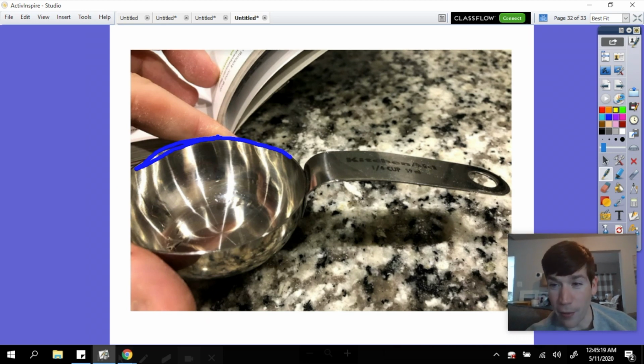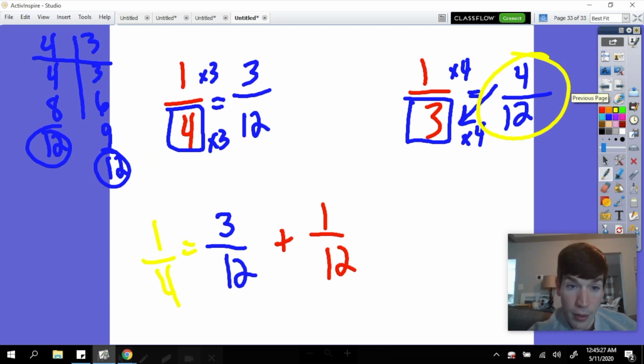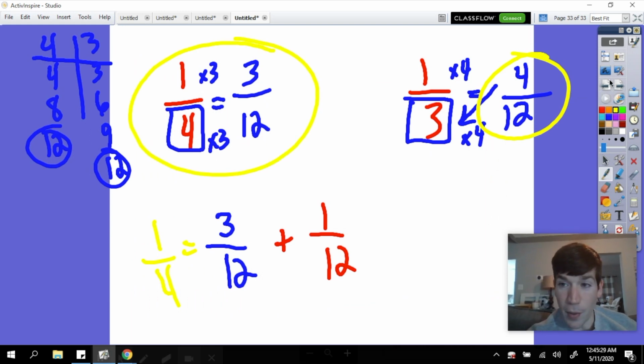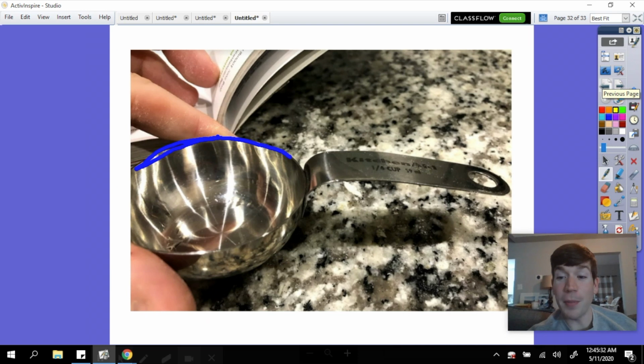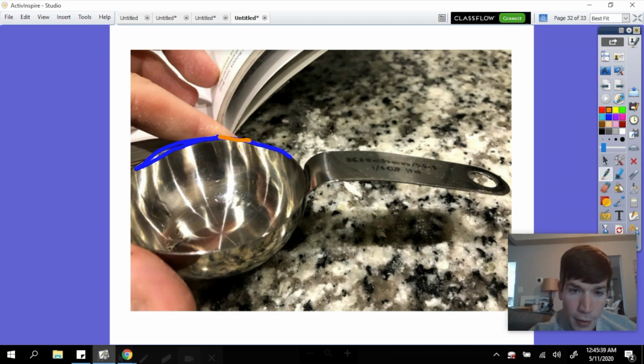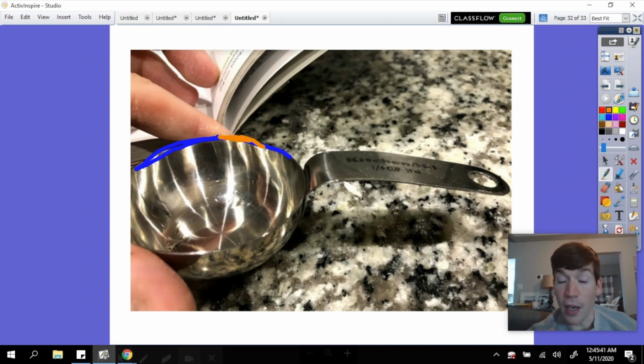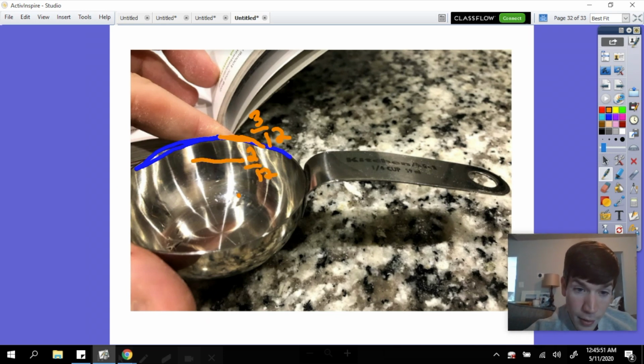Now here's the cool part. If we know that this whole thing, this whole fourth here, is 3/12, then we know that we can split it up into 12ths. So we could say if this, let me use a different color here, if this top portion represents a total of 3/12, then there must be some point here where we have 2/12 and 1/12.